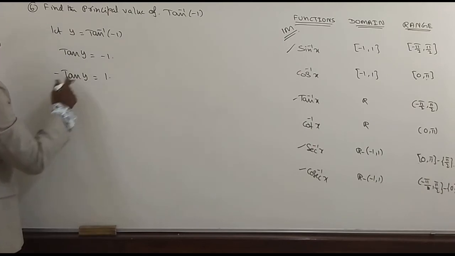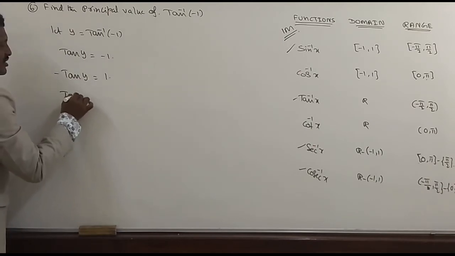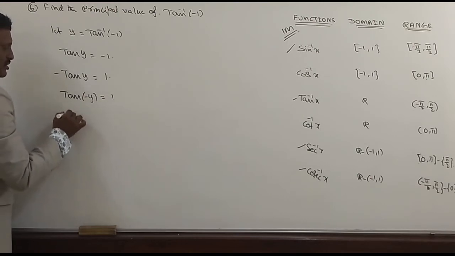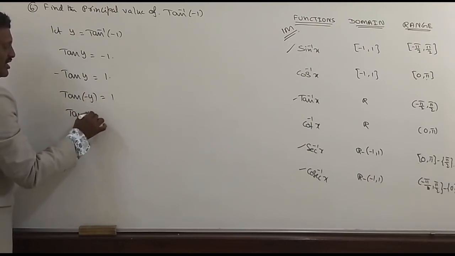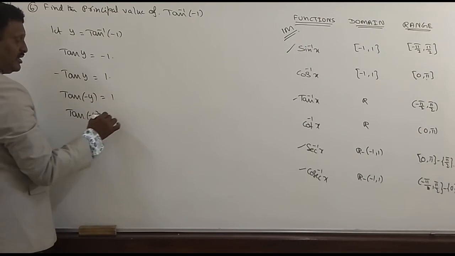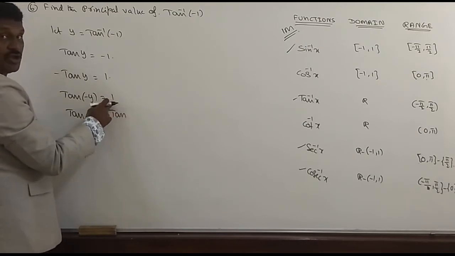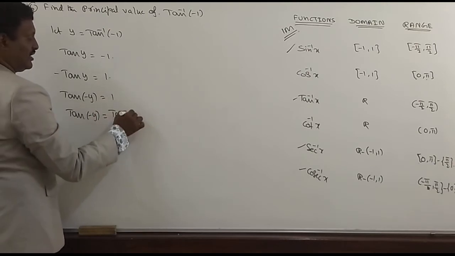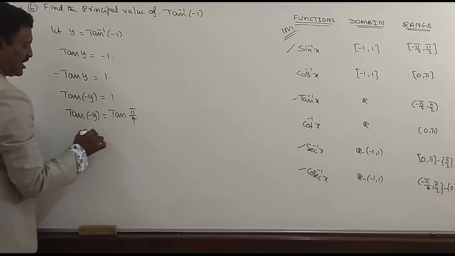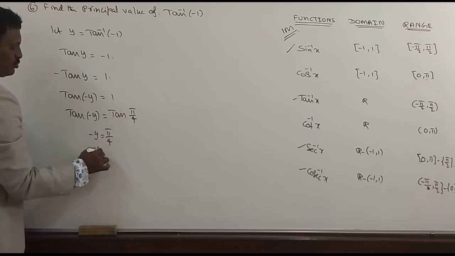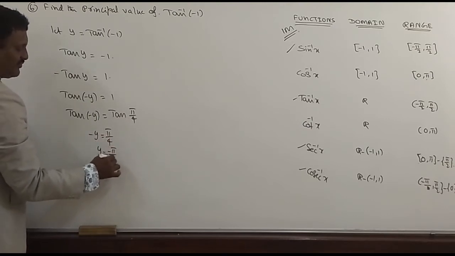Now minus tan y, we can write it as tan of minus y, that is equal to 1. Now 1 in terms of tan, using the trigonometric table, we can write tan pi by 4. Remove the tan on both the sides. Minus y is equal to pi by 4. So y is equal to minus pi by 4.